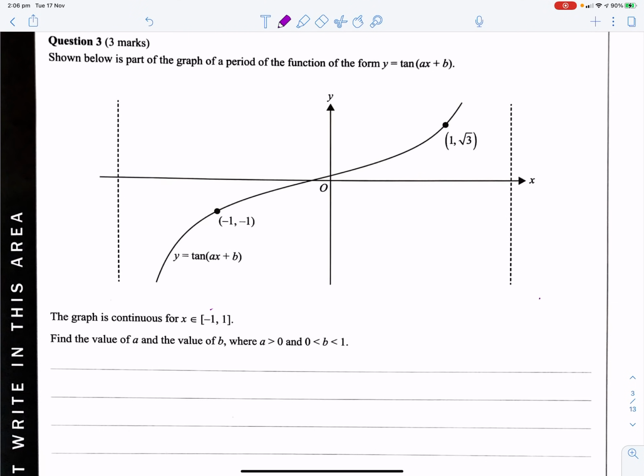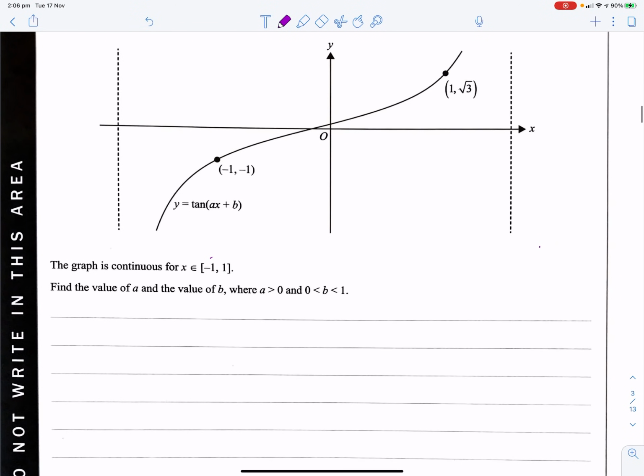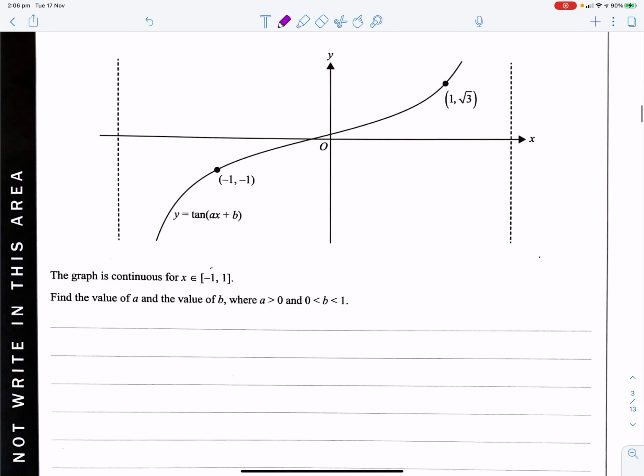Okay, the graph shown below is part of the period of a function tan(ax plus b). It's continuous from -1 to 1. You can see that in the picture. Find the value of a and b if a is greater than 0 and b is between 0 and 1. So we've got -1, -1. That gives us -1.